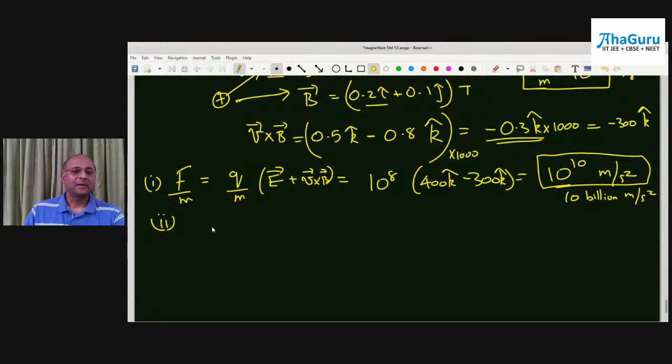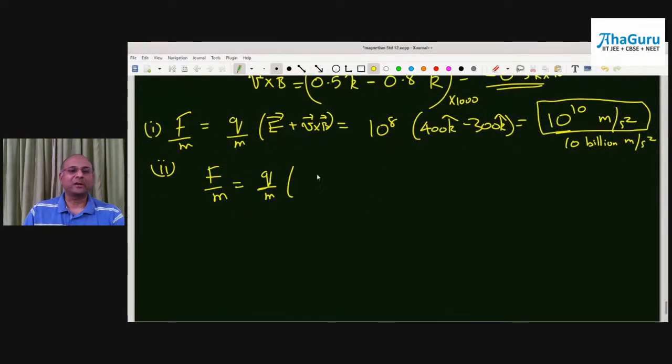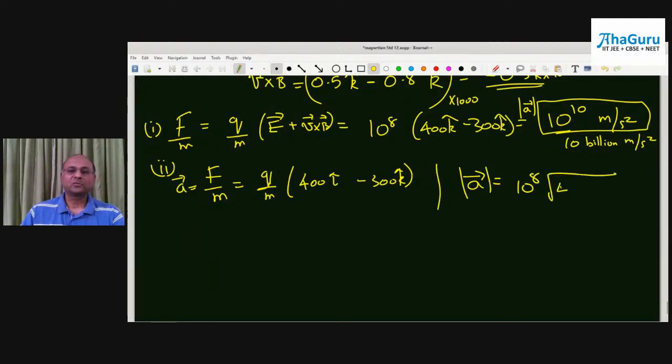Okay, so the second part is F by M is Q by M. But E vector is 400 I cap, and this is 300 K cap. And so therefore this is A vector. And so if I want the magnitude of A vector, that is Q by M, which is 10 to the power of 8, root of 400 square plus 300 square, which is of course 500.